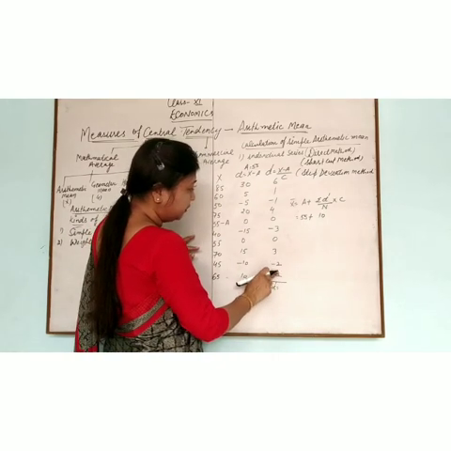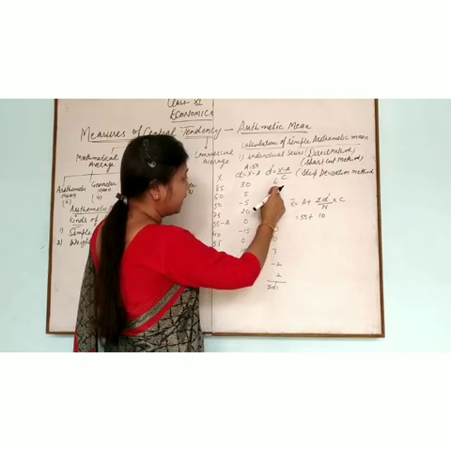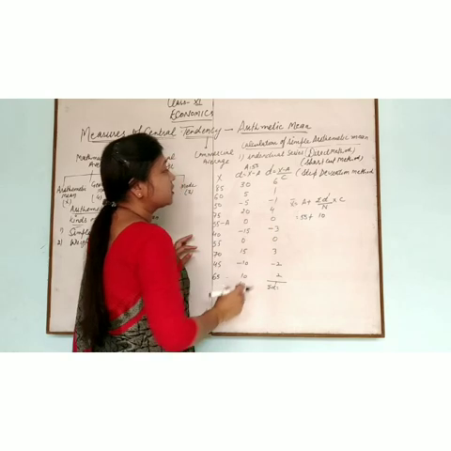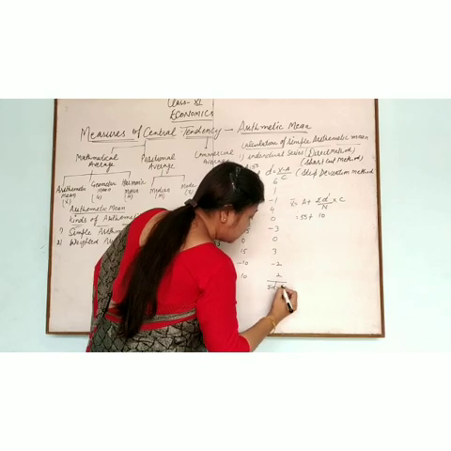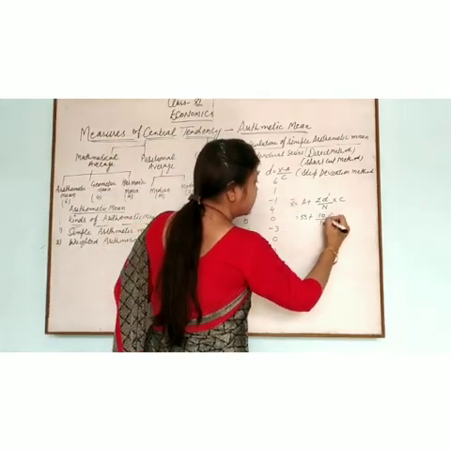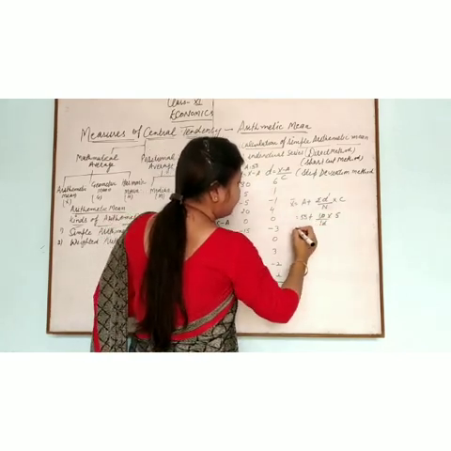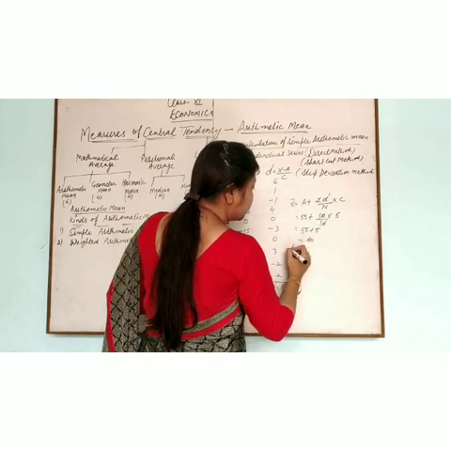The signs cancel out. 4 plus 1, 5. 5 plus 6, 11. 11 minus 1, 10. Then the sum is equal to 10. It means divided by n, and times c is 5. That is 55 plus 5, that is also 60.